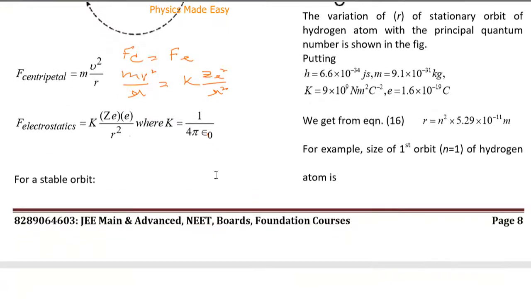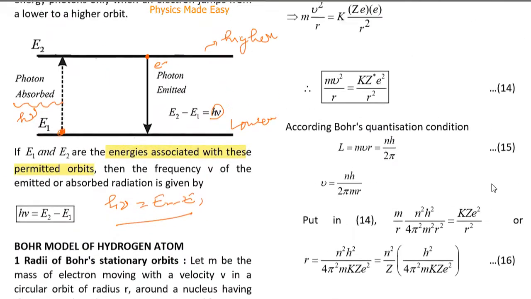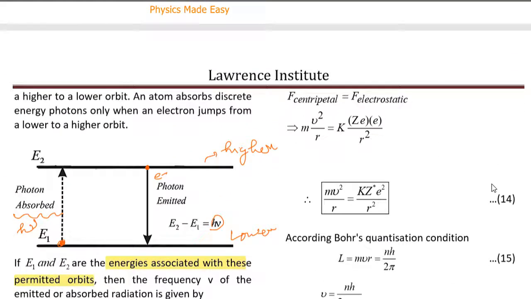Now in the next case, from here we got this equation, mv square by r is equal to K Z e square by r square, and let us call it equation number 1.